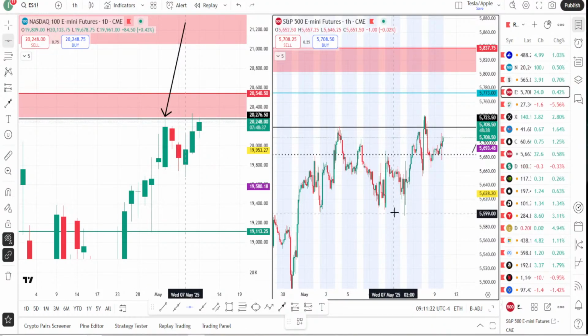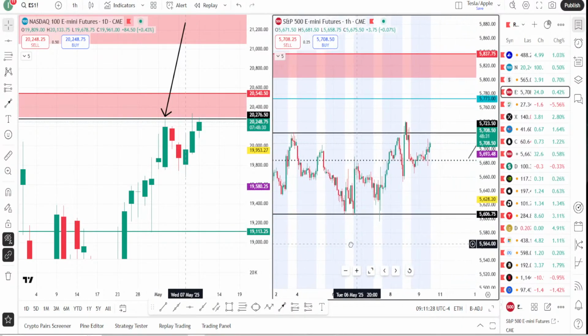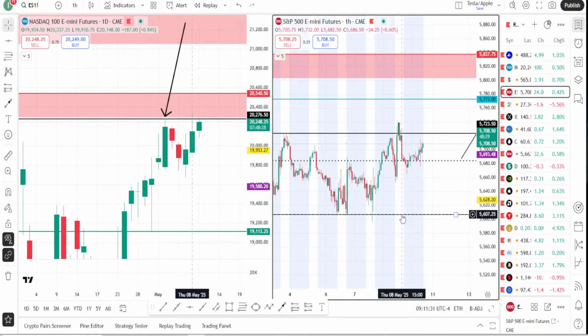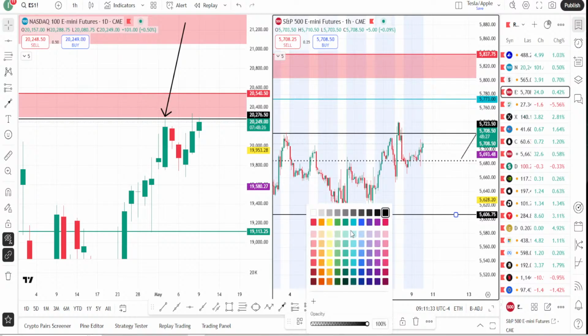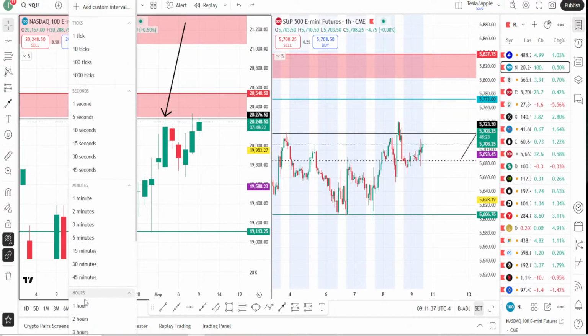Here we have a key level of support. Same thing here on the NQ. Go down to the hourly.